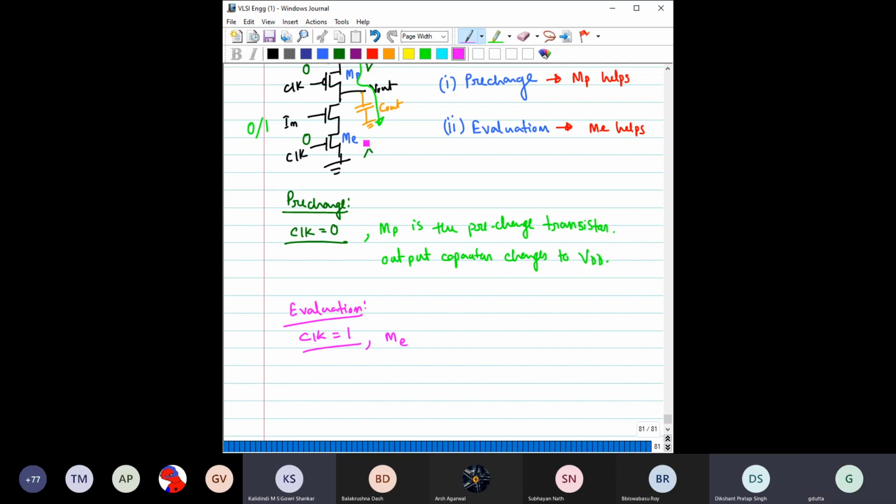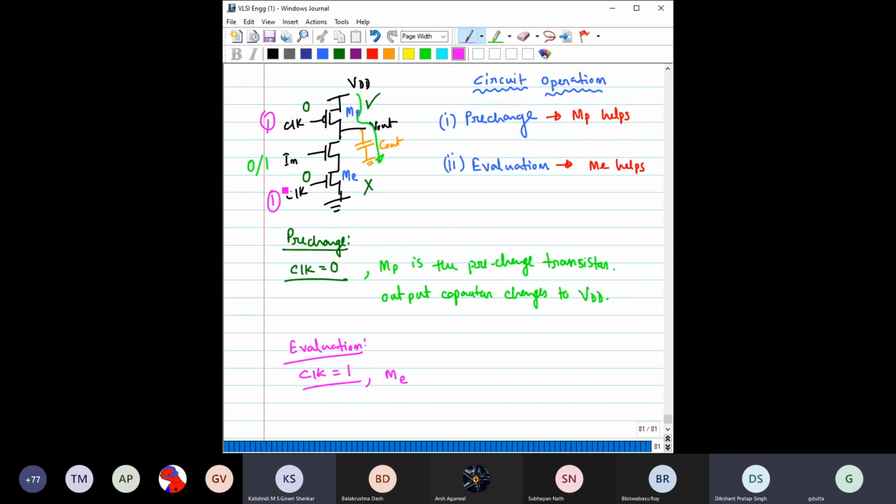So when you make clock equal to 1, see what is happening. This clock equal to 1. So that means this transistor is now off. This transistor is on.